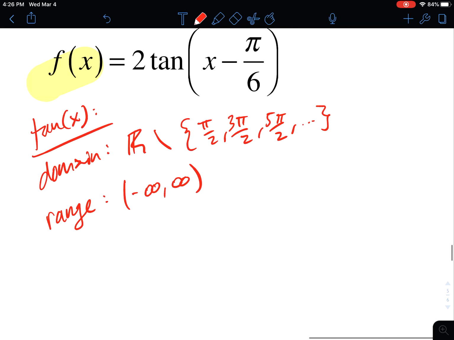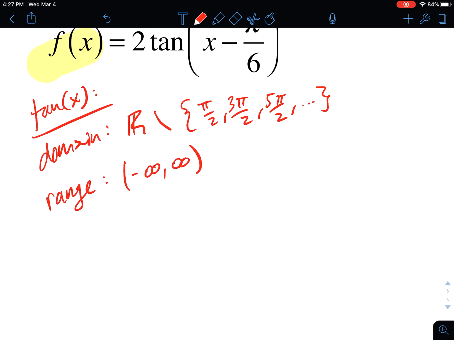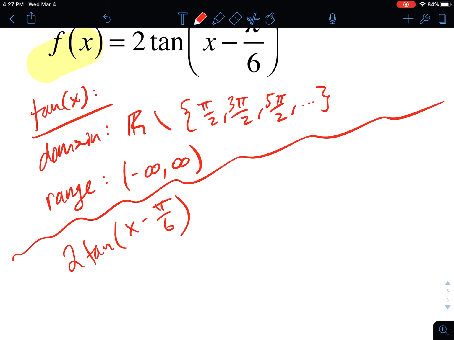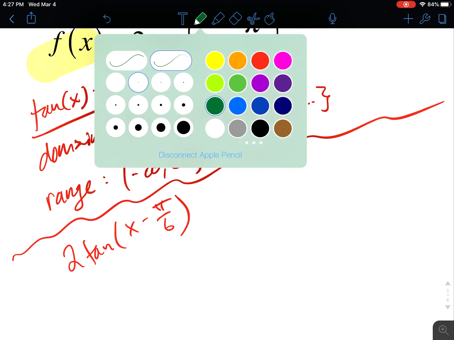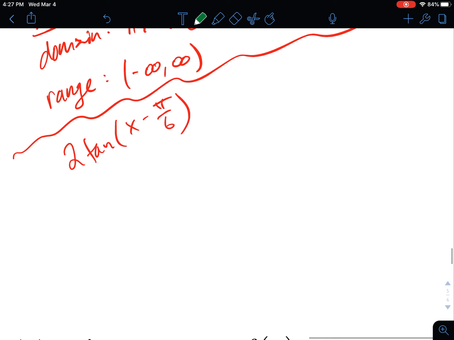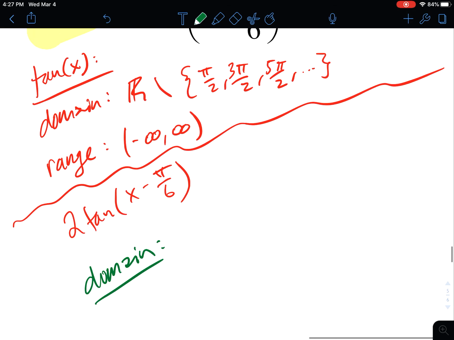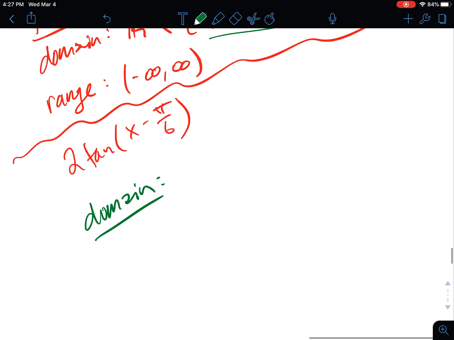And so for 2 times tangent of x minus pi over 6, here our domain, well, before it was all real numbers except for these guys that made cosine equal to 0.